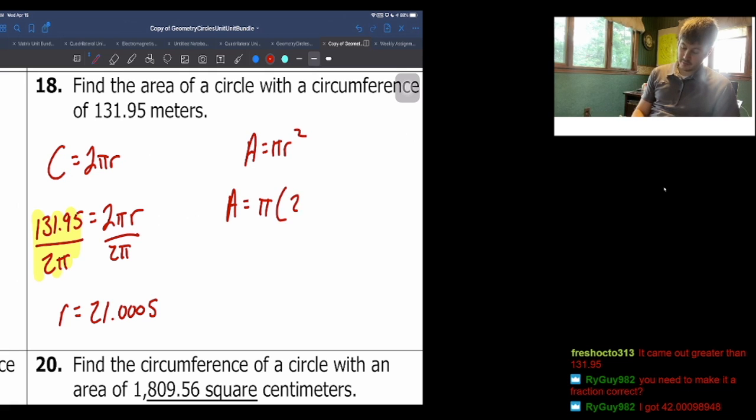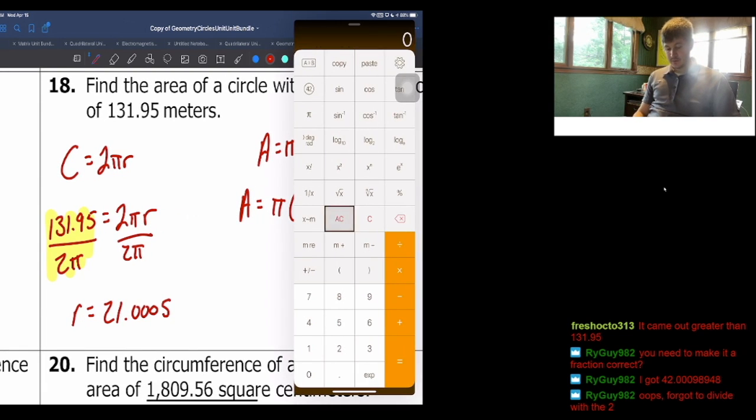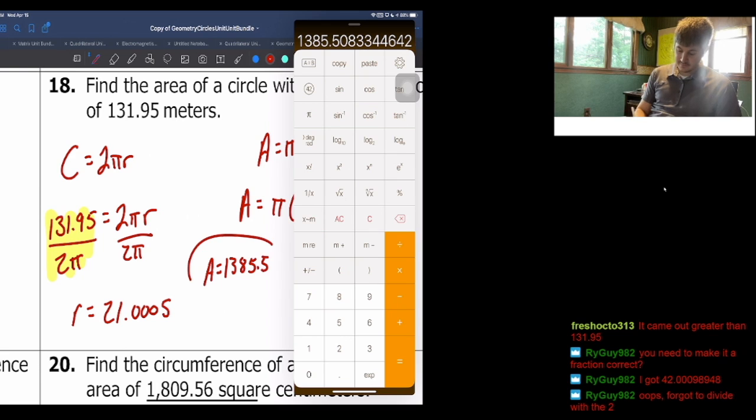I won't do it in terms of pi for this one, I'll just round it to the nearest tenth. So in that case, 21.0005, we're going to square it first, and then multiply by pi. And we get an area of 1385.5.